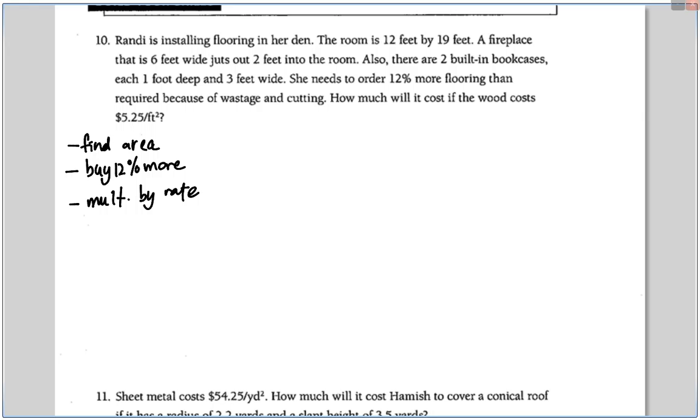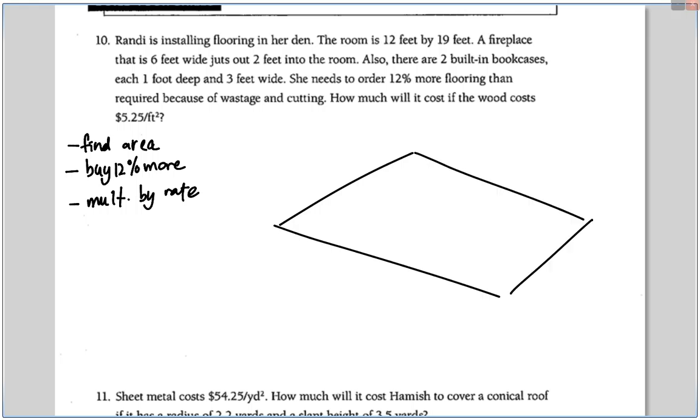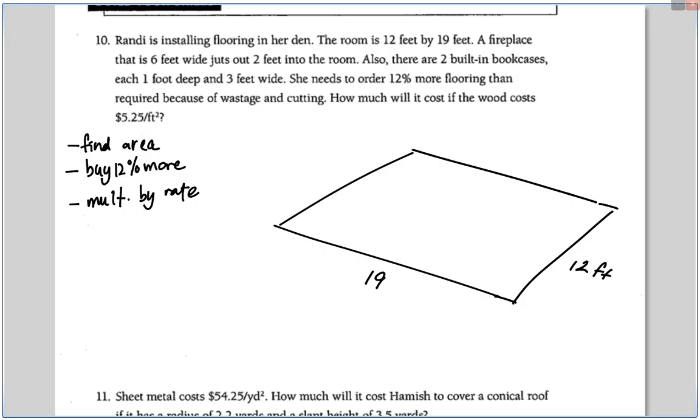So what I would draw is like a floor plan. So usually I just draw like a rectangle at an angle. That was pretty bad. Okay, that's a bit better. Okay, so it's 19 feet and 12 feet. Then it says a fireplace that is 6 feet wide juts out 2 feet into the room. So 6 feet by 2 feet is your fireplace.